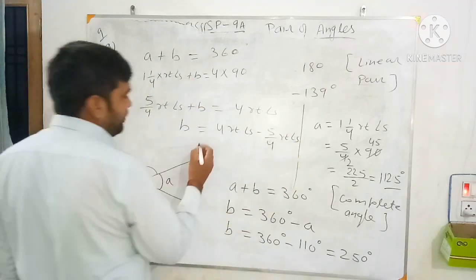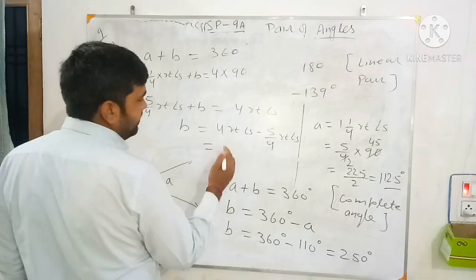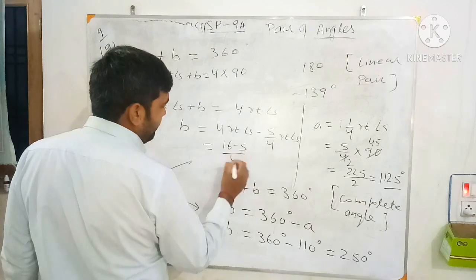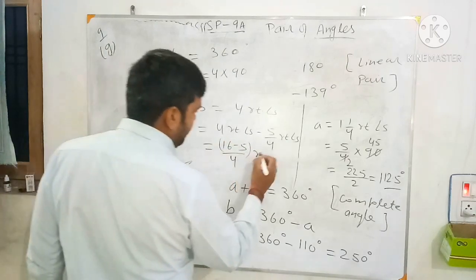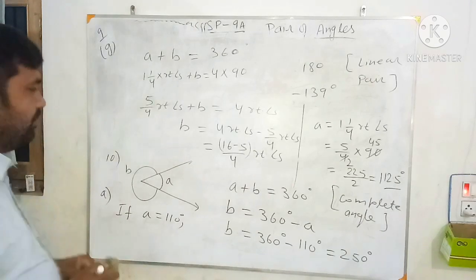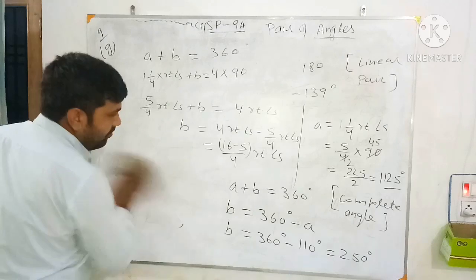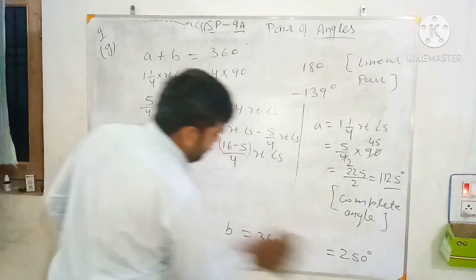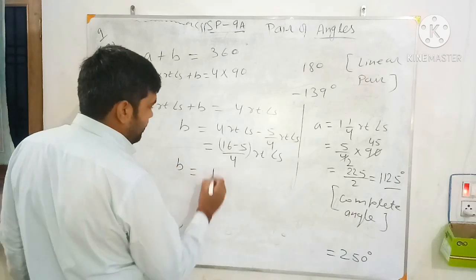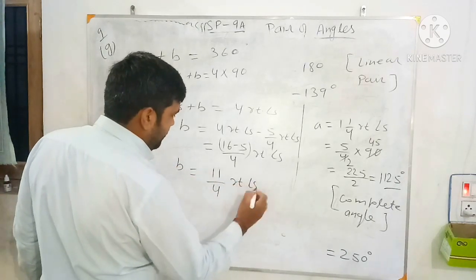Now see, you take the LCM, what you will find? 4 4s are 16. So 16 minus 5 by 4 right angles. So 16 minus 5 gives you 11. So what you get the value? 11 by 4 right angles.